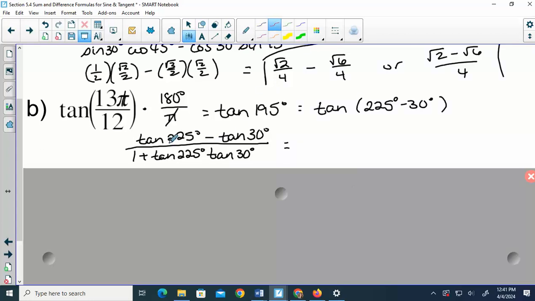Let's think about 225 for a second. What quadrant is that? 3. Reference angle? 45. In quadrant 3, is tangent positive or negative? Positive, and the tangent of 45? 1. Minus, what is the tangent of 30?